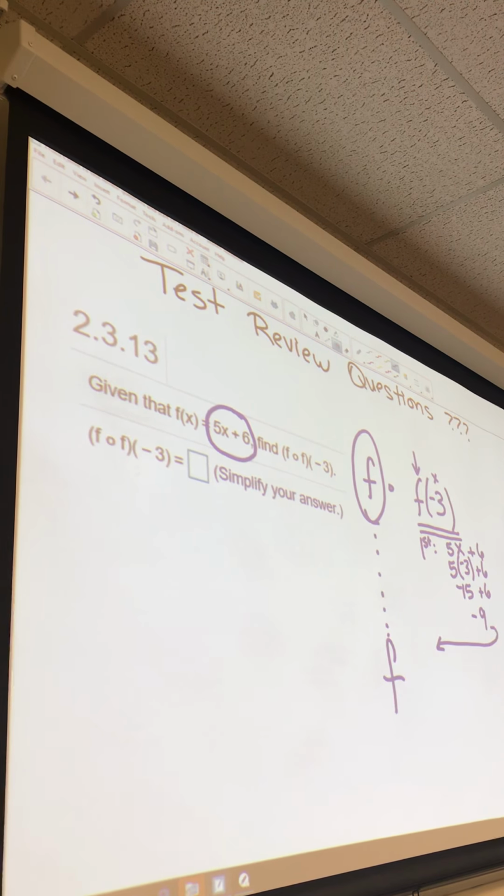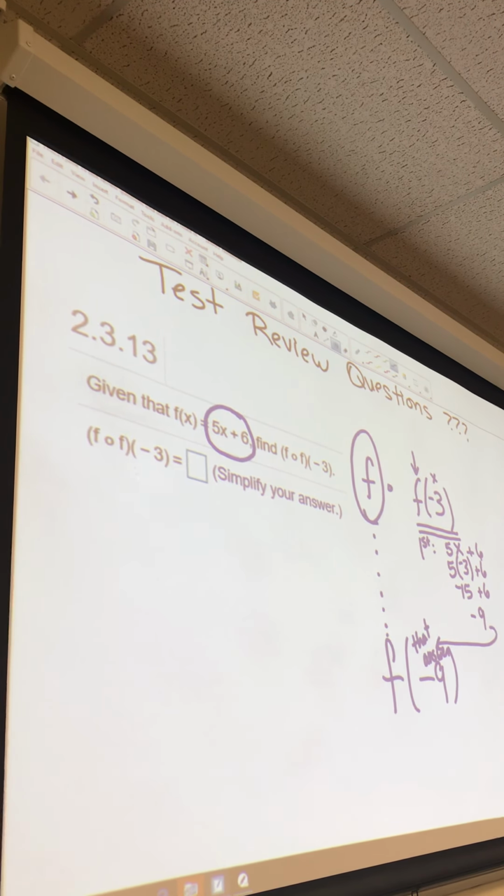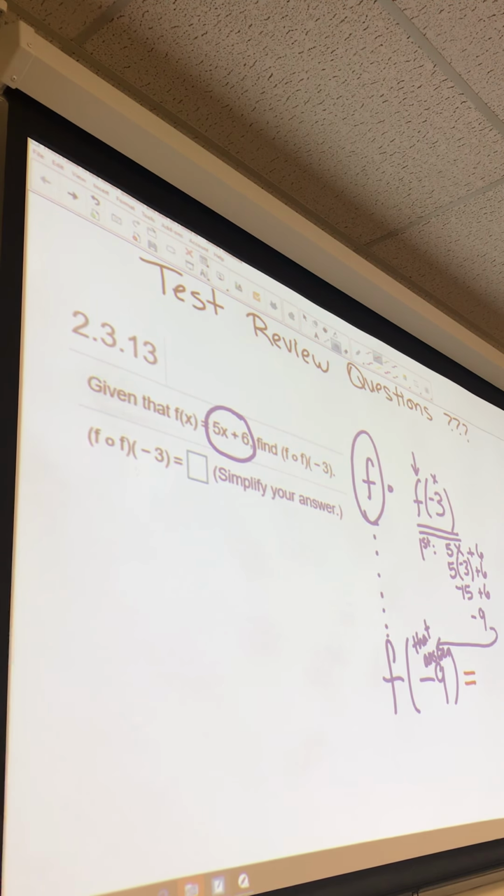It's just still saying we're going to take that answer, the negative 9, right? And now we're going to do f, so we're still just using the same f rule, but we're plugging in the negative 9 now. So, for my final answer, f is still 5x plus 6.